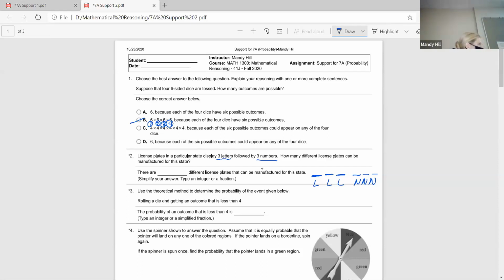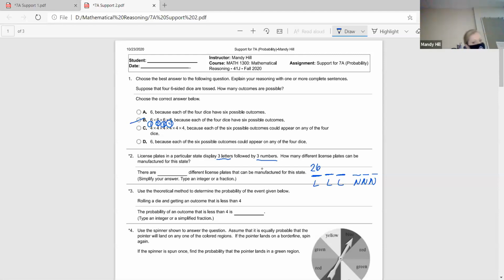Well, we got to think about how many choices can go in each spot. Okay, so how many choices can go in each spot? Well, how many letters are in the alphabet? Been a long time since we had to know that, right? 26, right? Yeah, it's been a long time since we had to do that. There's 26 letters in the alphabet.